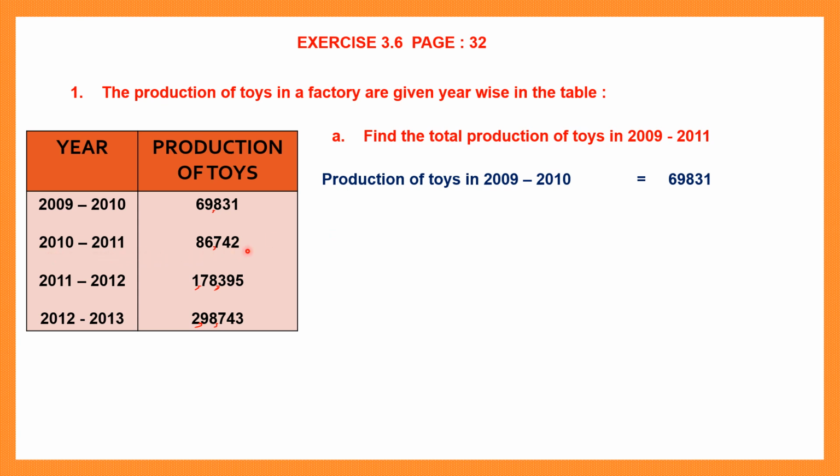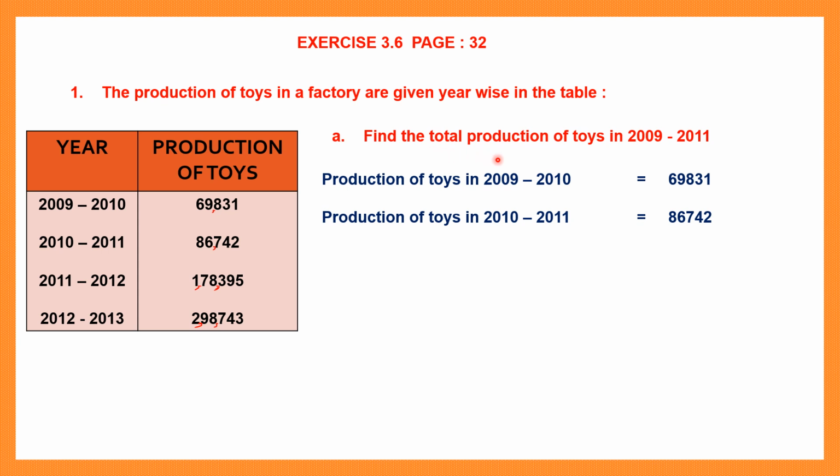Because we've been asked to find out till 2011, production of toys in 2010 to 2011 is 86,742. Now only till here, because we have from 2009 up to 2011.